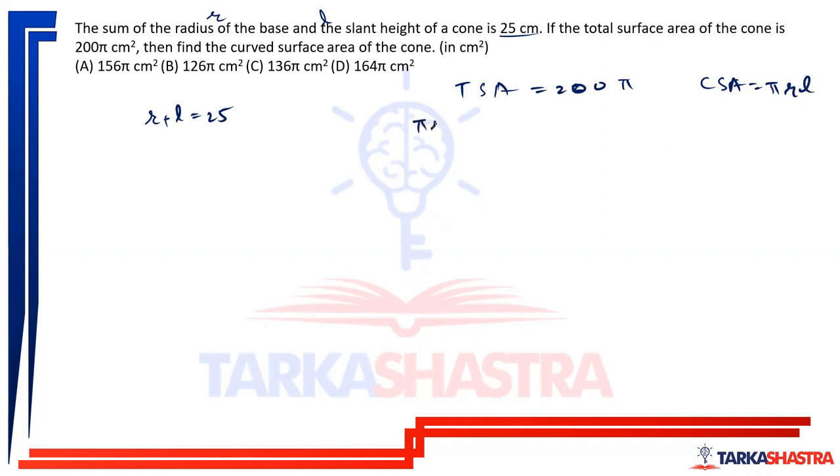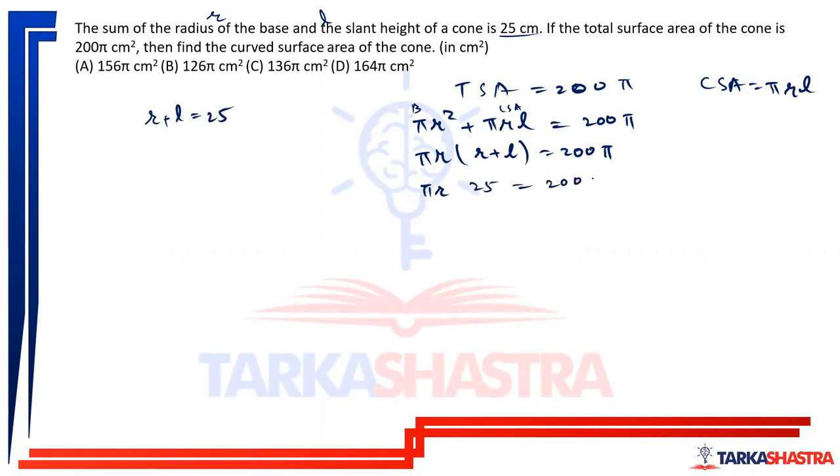Total surface area is pi r square plus pi r l, which is 200 pi. So pi r, if I take common, r plus l is equal to 200 pi. And this is area of the base plus curved surface area. Now this pi times r plus l, where r plus l is 25, is equal to 200 pi. The pi gets cancelled. This is 25 1, this is 25 8. So radius is 8. Slant height must be 17.